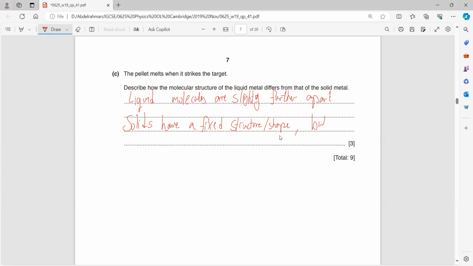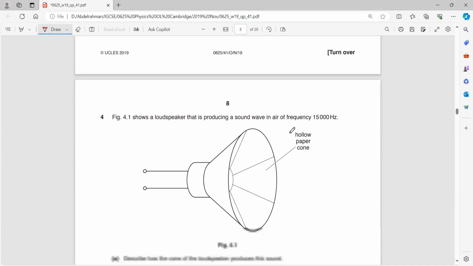But liquids don't, they have an irregular shape. Let's just say that, it's easier. Liquids have an irregular shape. Shape with an e.